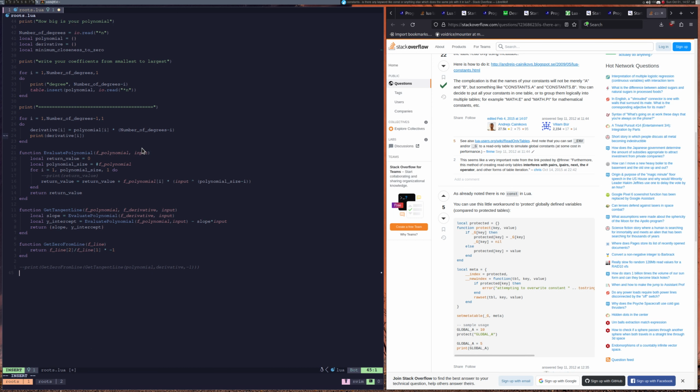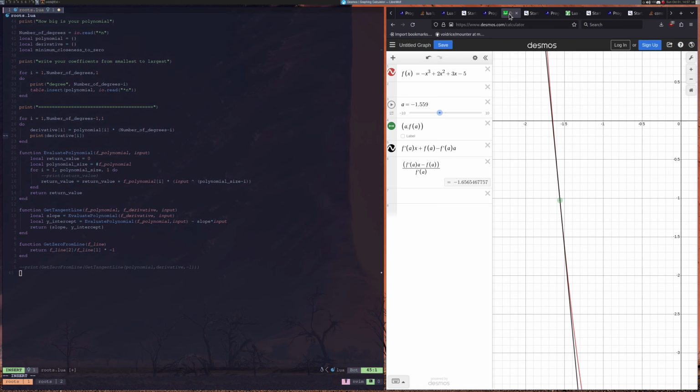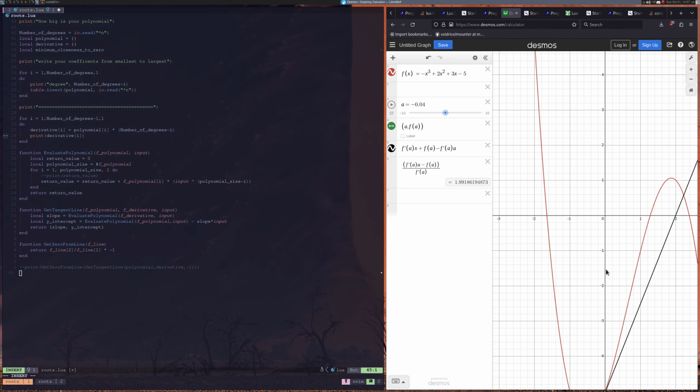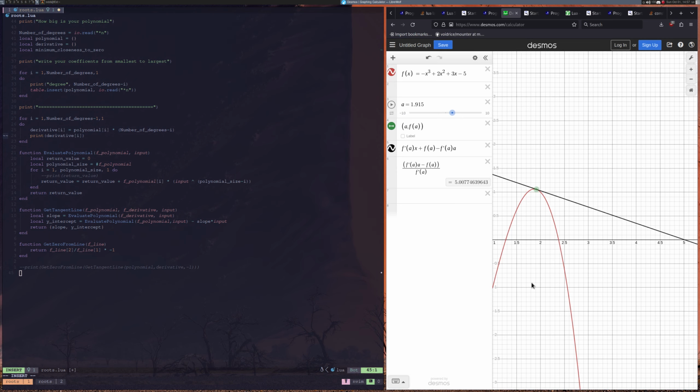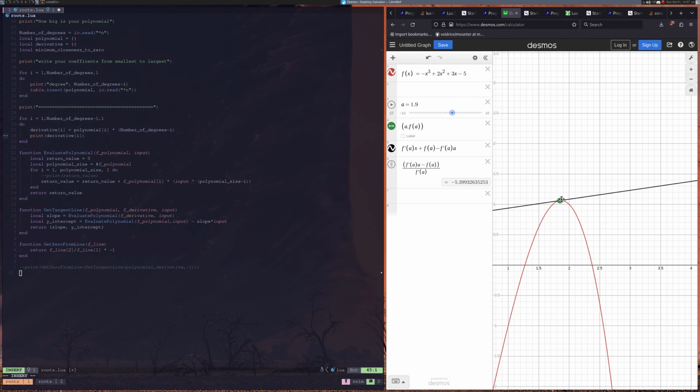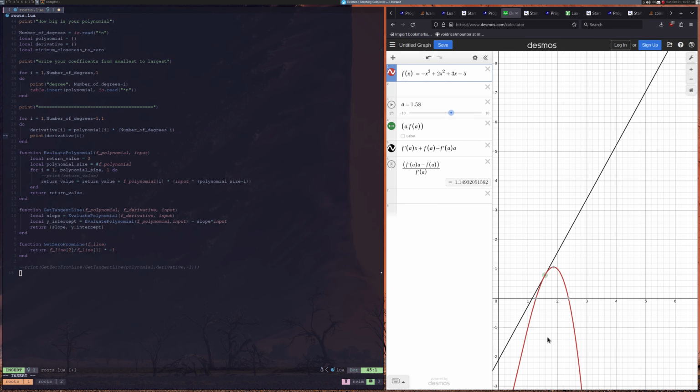Alright, and now we do a for loop. Alright, but how do we stop these cases when it's the top? Now they're pretty rare, but they're gonna happen.